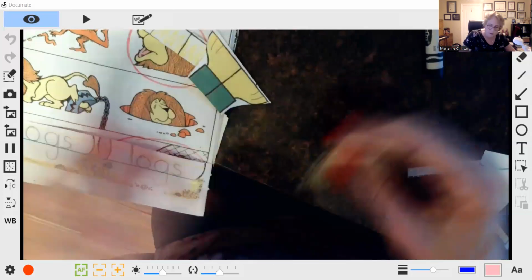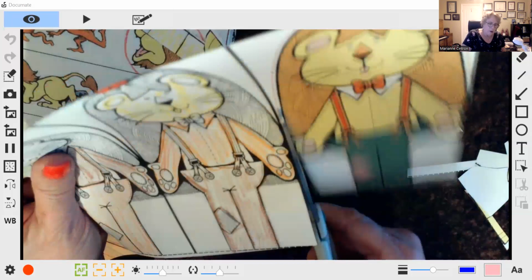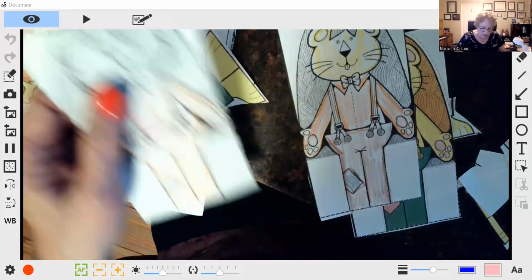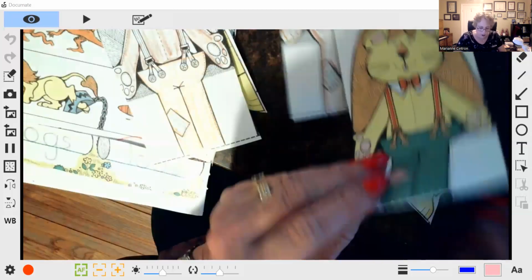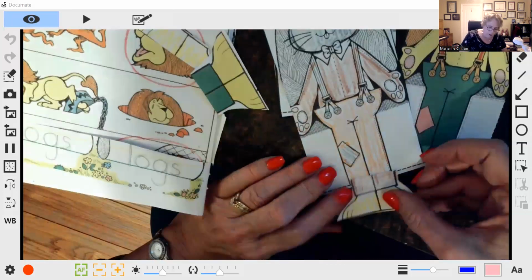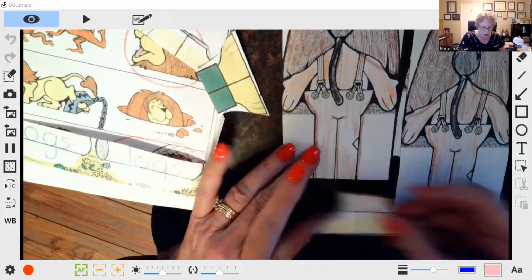Okay, so let's cut our doll apart. We have 3 dolls. And we're going to put the brown. Going to match.